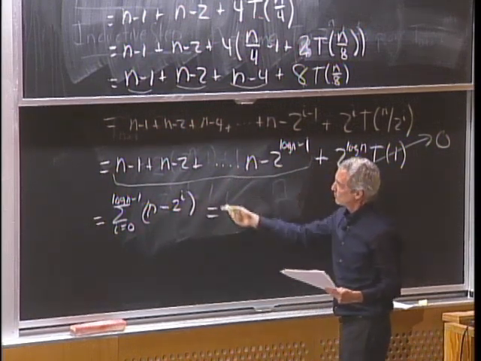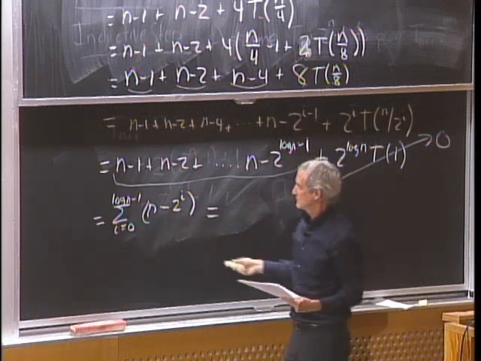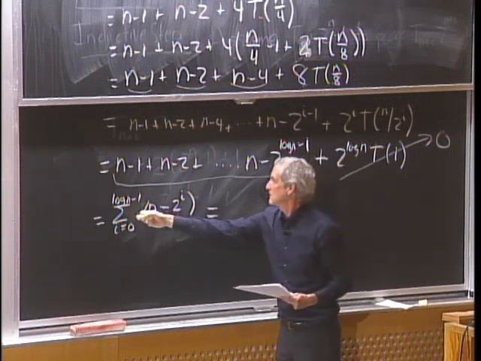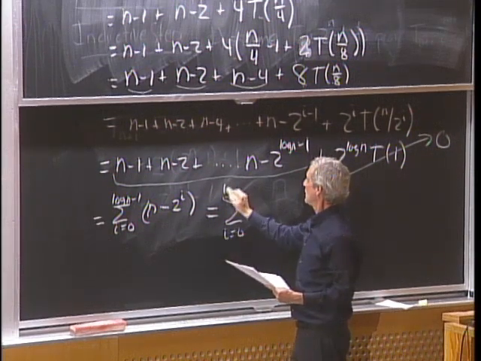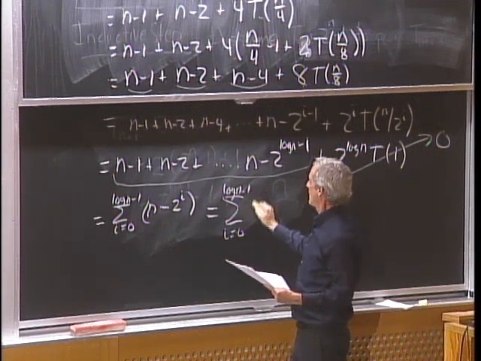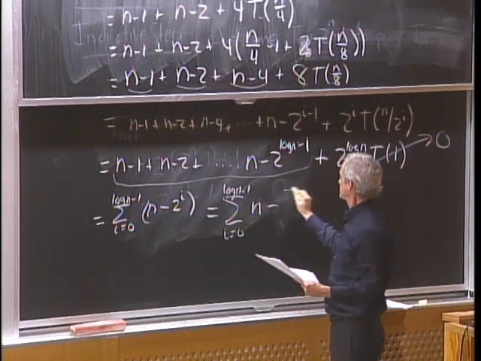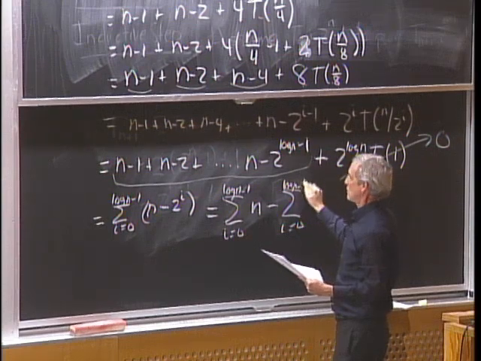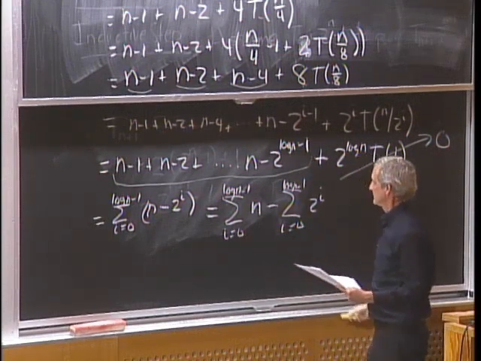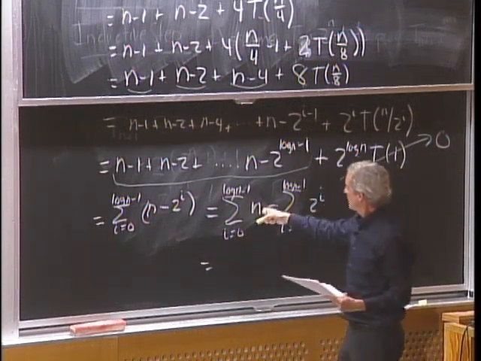All right, and this will be good practice maybe to get towards the test. Well, I can split that sum up: the sum i equals 0 to log n minus 1 of n, minus the sum i equals 0 to log n minus 1 of 2 to the i. Well, this is easy.